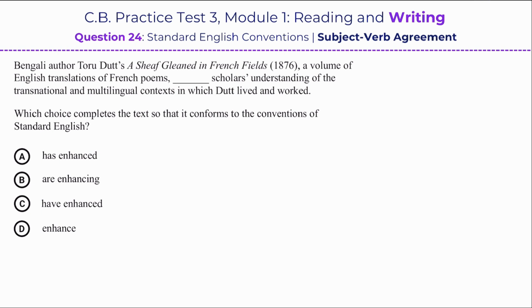The passage reads: Bengali author Toru Dutt's A Sheaf Gleaned in French Fields, a volume of English translations of French poems, has enhanced scholars' understanding of the transnational and multilingual context in which Dutt lived and worked. Okay, so remember, read to the end of the sentence and plug in answer choice A. Just get in the habit of doing that.